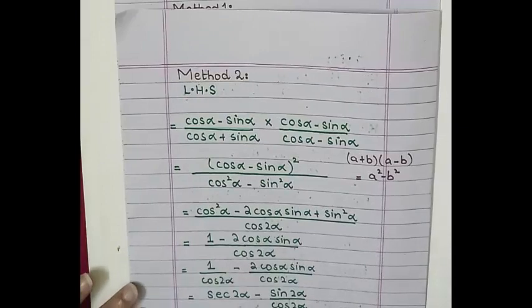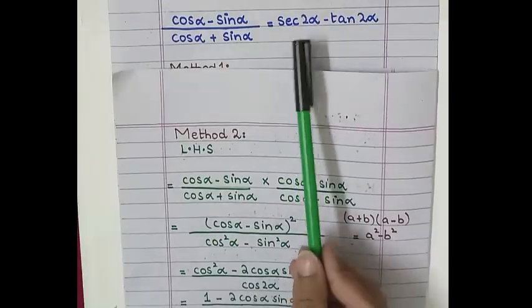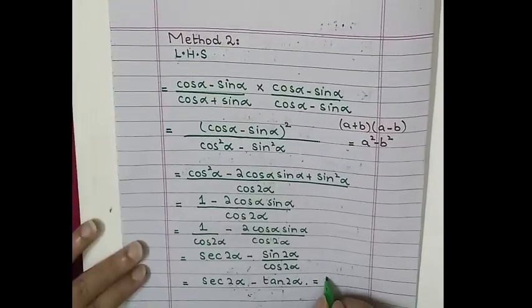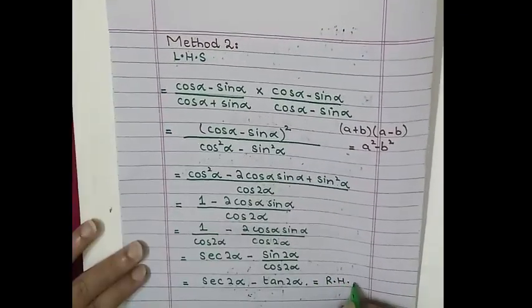So this is what we wanted to prove, secant 2 alpha minus tan 2 alpha. This is the right hand side.